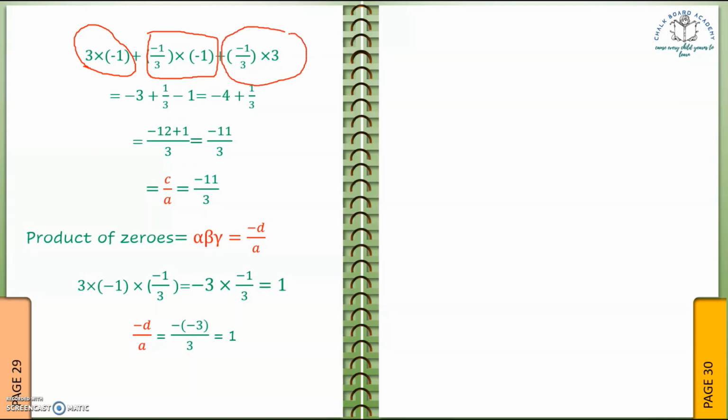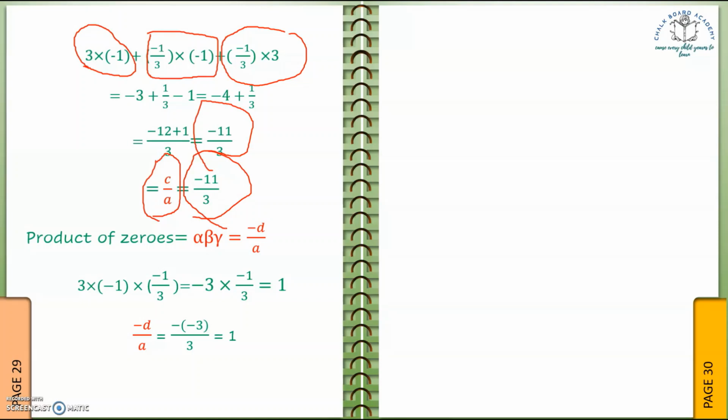So we get this. The answer here we get as -11 by 3, and c by a by formula is equal to -11 by 3. So again we are proving that alpha into beta plus beta into gamma plus gamma into alpha is equal to c by a.